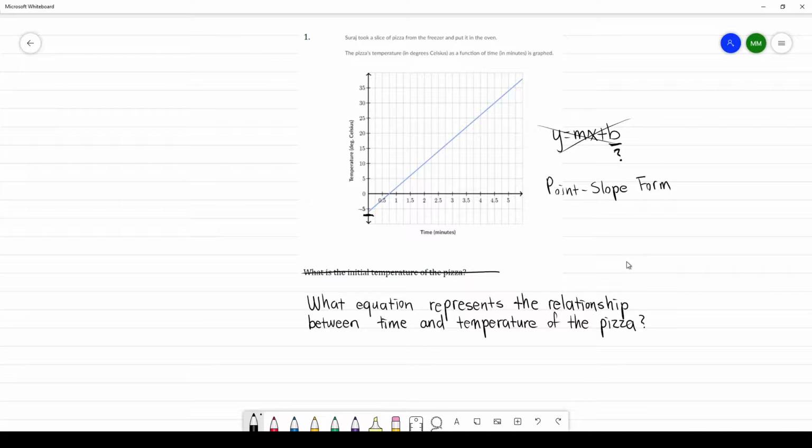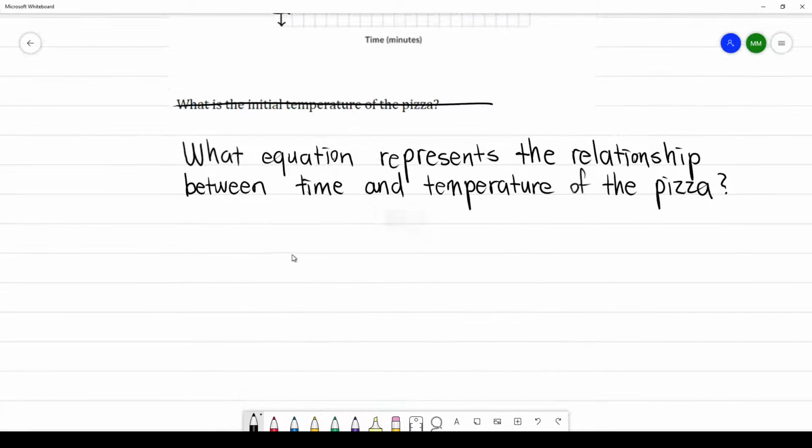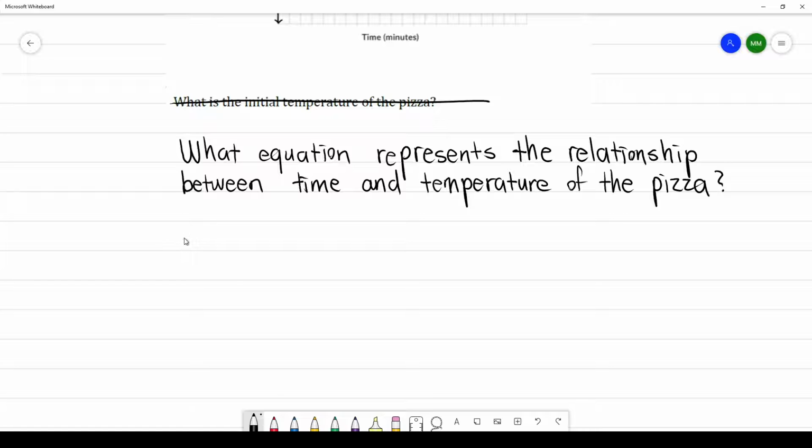So to use point slope form, oh god, my writing's messy today. Let me try to write neater.